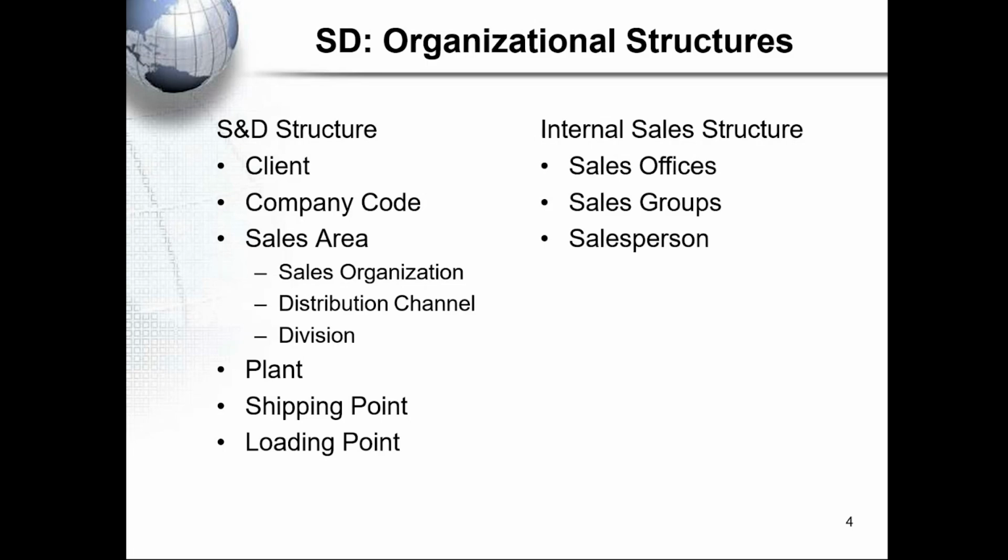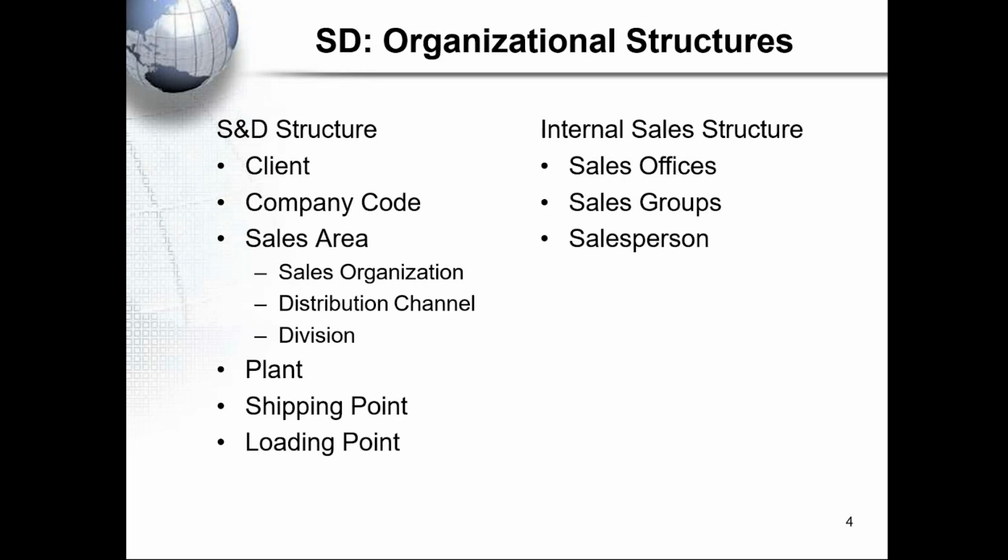Clear? Yes, sir. Client means the company, the corporate group. For example, the Tata Group of Companies or the Godrej Group of Companies has many areas. So the client is a company, and company code is a part of the client. The client is the parent, and the company code is a subsidiary or subdivision of the client.